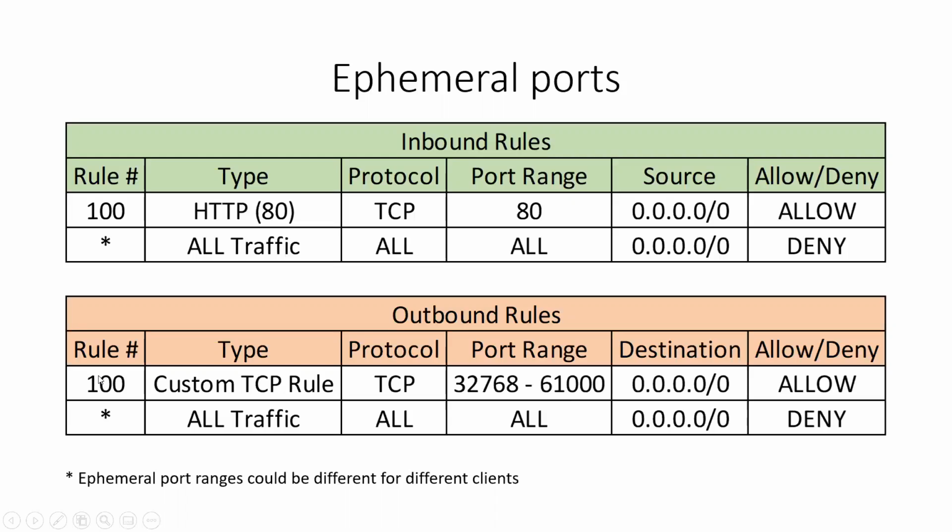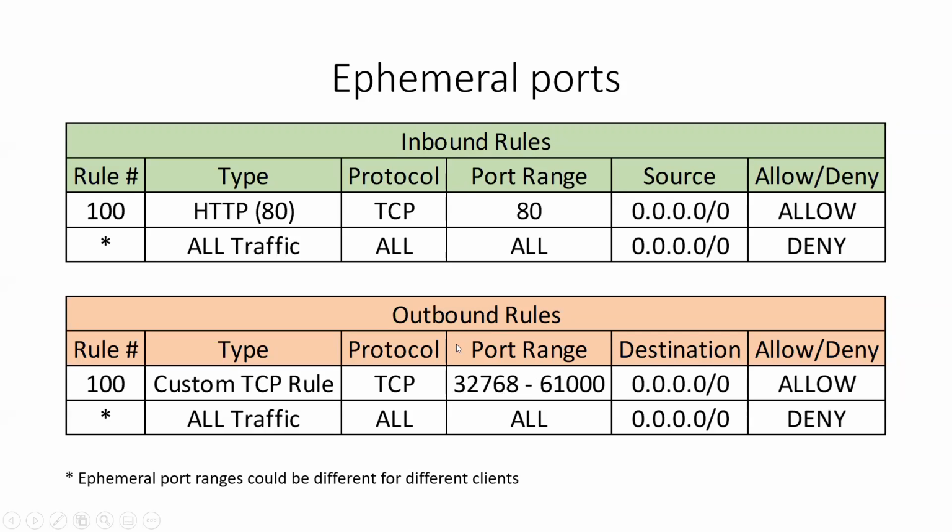It will not work because of the outbound rule. What is it trying to do? It is trying to make an HTTP call to some website to get the updates. It's trying to make an HTTP call, on either port 80 or 443, right? But port 80 or 443 are not allowed on the outbound side.